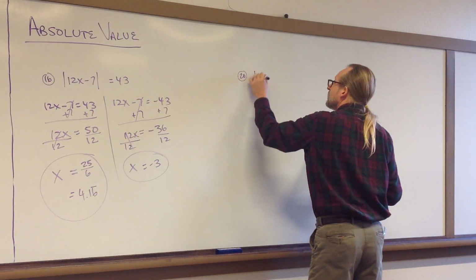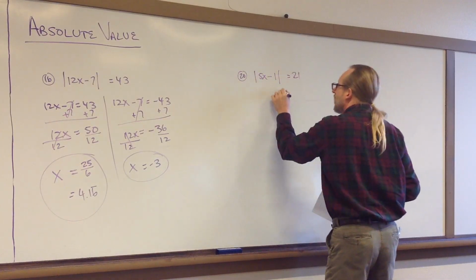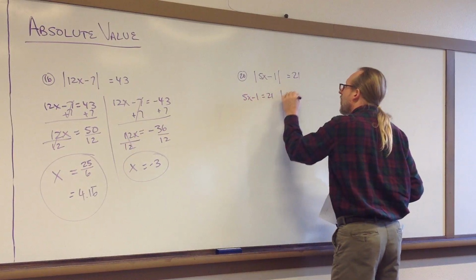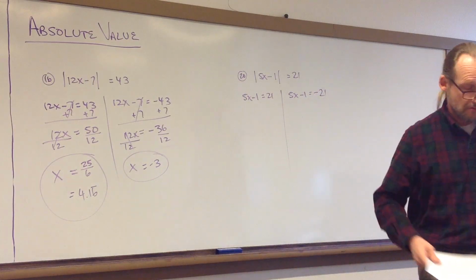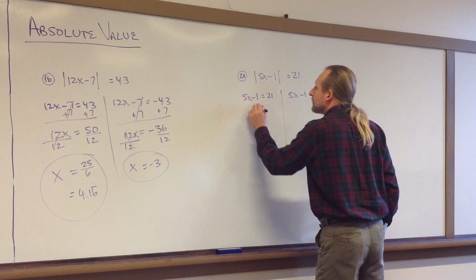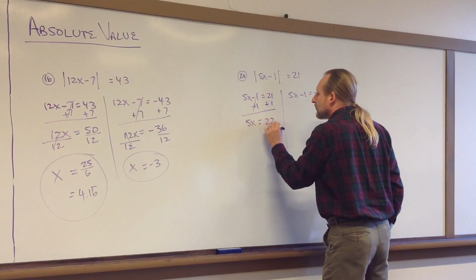We've got absolute value 5x minus 1 equal to 21. So, split it into two pieces. Negative 21. And now we solve these two equations. Add the 1 to both sides. 5x would be 22.